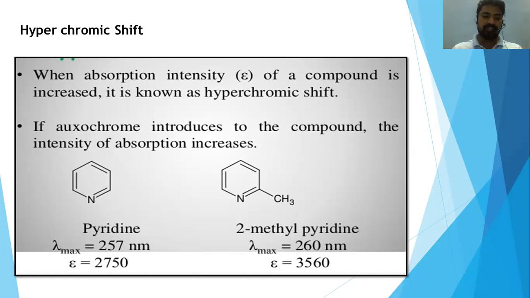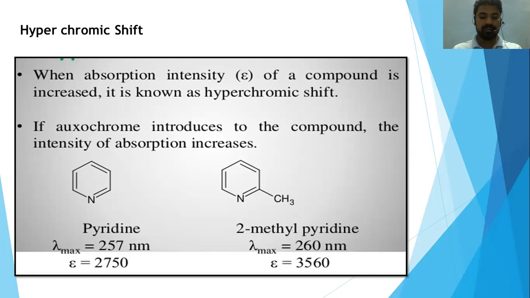These are the units for the absorption intensity coefficient value, that is epsilon. Here the epsilon max value of 2-methyl pyridine is equal to 3560 liters per mole per second.